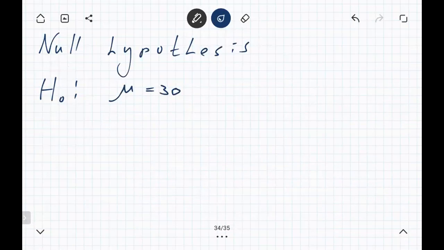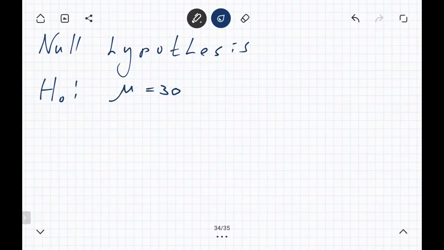That there's no change. In fact, if we were true clinicians or pharmaceutical specialists, we would choose a different null hypothesis. If I'm a doctor or a chemist making drugs, what I'm interested in is whether the disease time, the time it takes for a patient to heal up, went down.